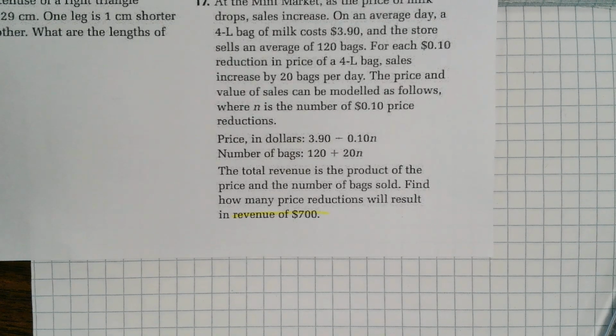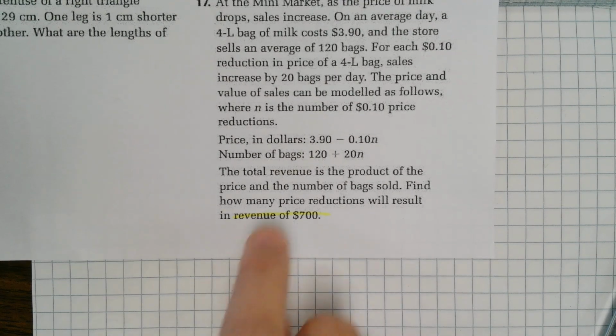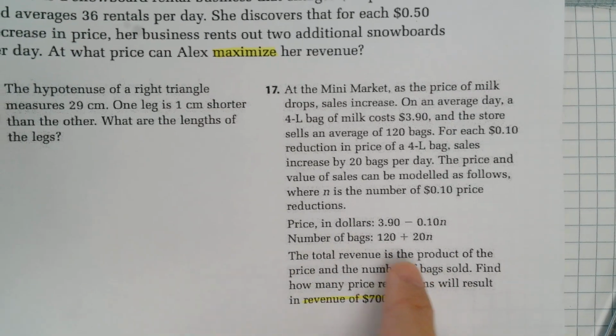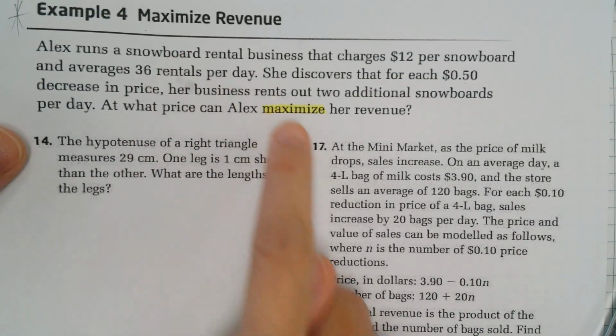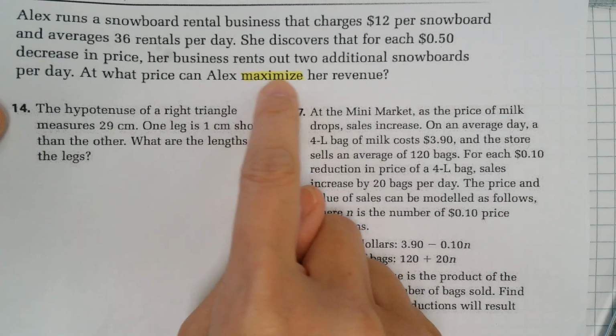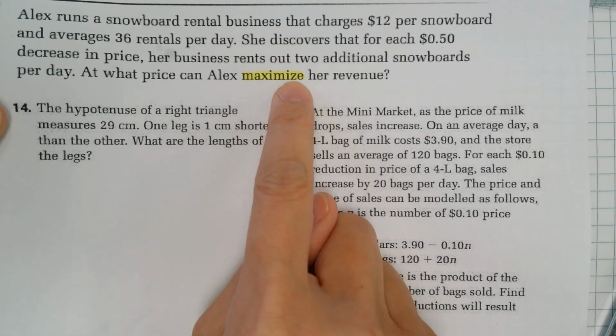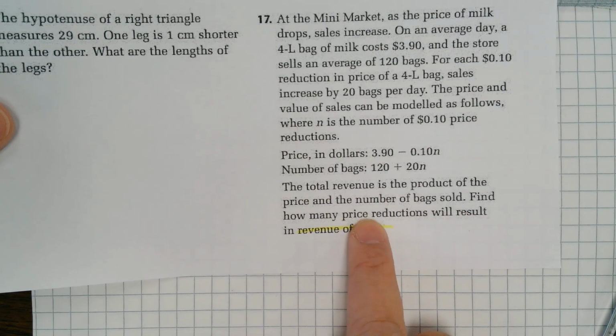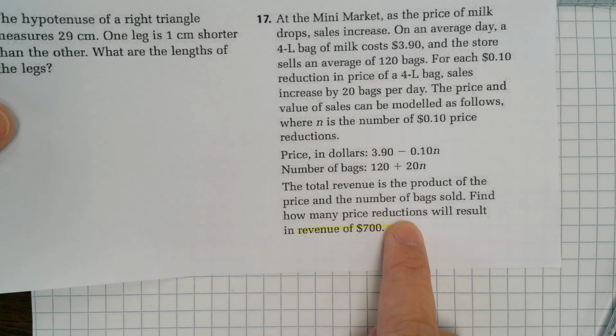I don't see a maximum or minimum word in here. Same question, but they were actually asking for a different thing. The other one asked for maximum revenue, so I know it's complete the square. This one, I'm solving for X. I want to find out how many price reductions.